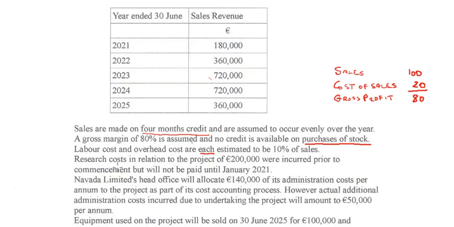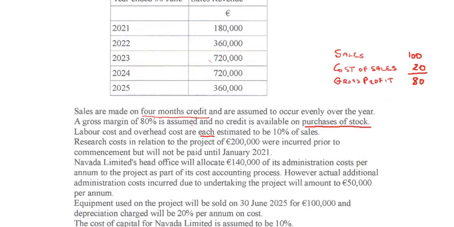So prior to the 1st of July, we incurred these research costs of 200,000, but they will not be paid until January during the first year of our project. So we've got to work out what we do with these costs that were incurred prior to the commencement of the project. You might remember we refer to these as sunk costs. Well, we'll talk about those shortly.